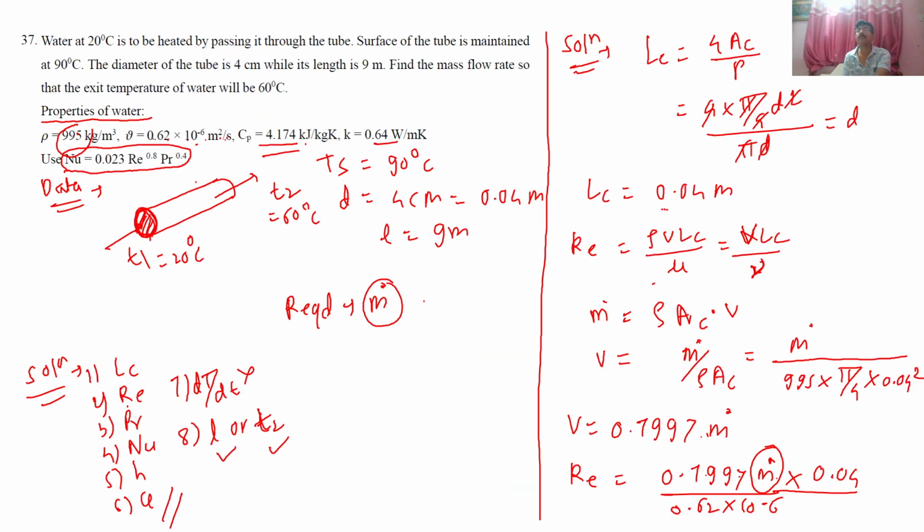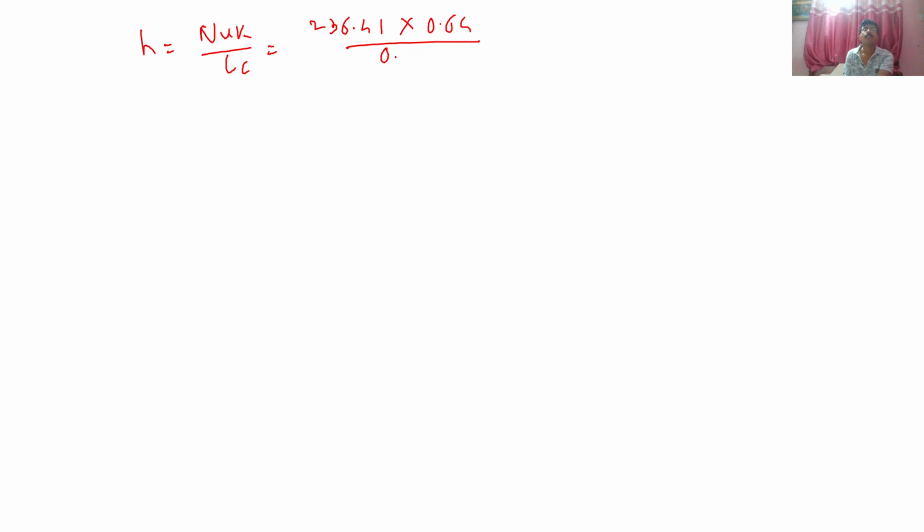Lc is 0.04. This is m dot raised to 0.8. So the answer of h comes around 3782.60 m dot raised to 0.8. I am keeping it as it is. Okay, h is also over.